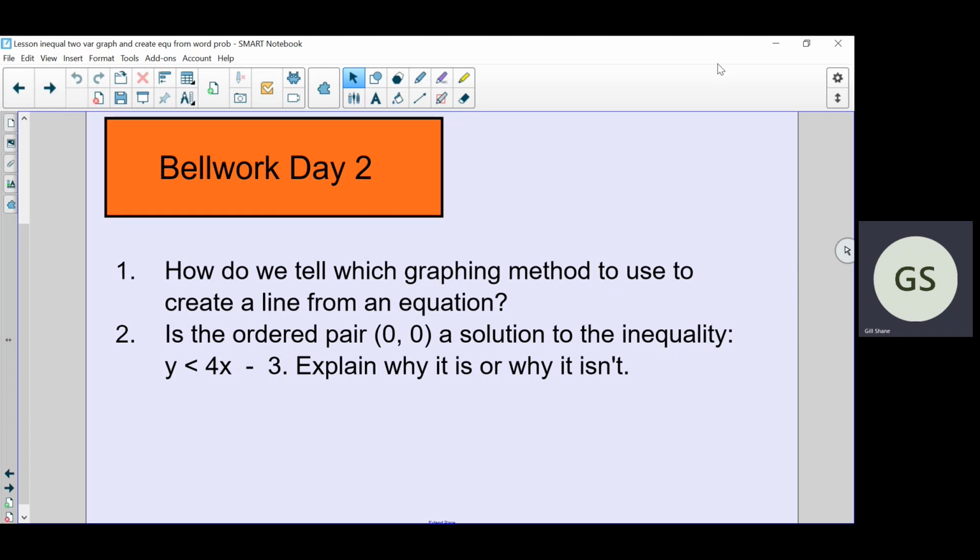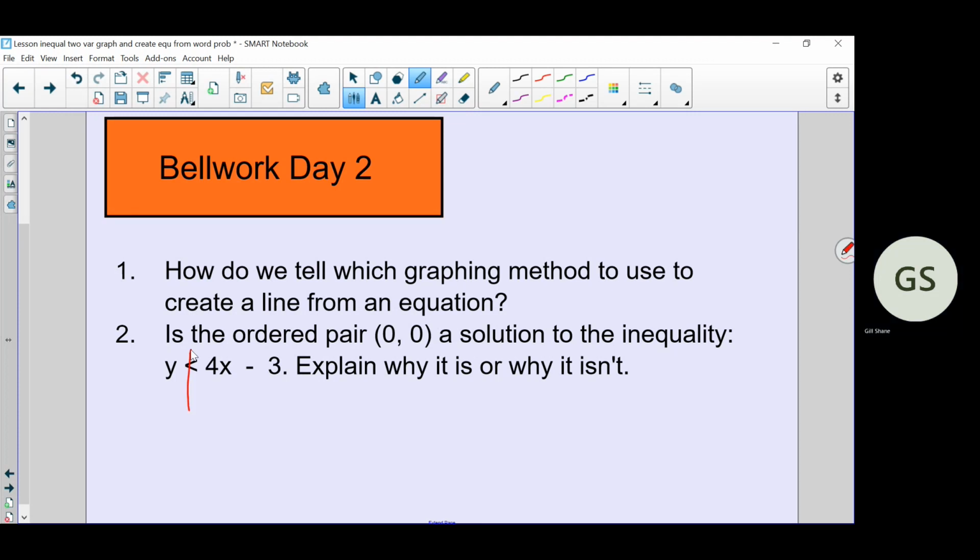If that y variable is the only thing on that side of the equation, if it is the only thing, so again, the sides are still split up by wherever the symbol is, the equal sign, the greater than, less than, whatever it is. If it is the only thing, like in this problem, there is nothing else on that side. And it doesn't matter if it's the left side or the right side. If it is the only thing, then you use the yellow sheet.